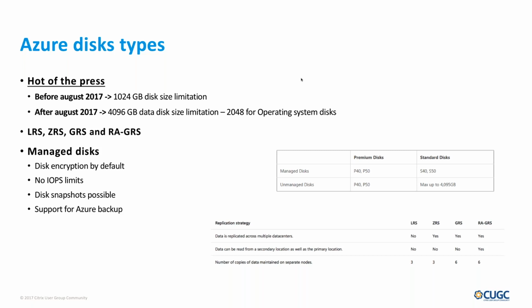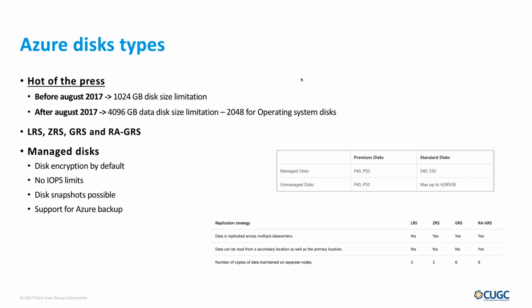But that's not the way that I like to do it. So during this month, Microsoft added support for 4 terabyte disk sizes on Microsoft Azure for data disks, and 2 terabyte disks for operating system disks. So that's a pretty great advantage of the Site Recovery service.